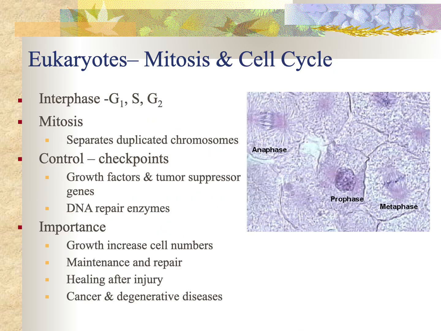So to begin with, let's talk about the eukaryotes, mitosis, and the cell cycle. So in the life cycle of eukaryotes, there's this long interphase period where cells appear to have a nucleus that looks the same throughout, and this is called interphase, but we know different things are happening in different parts of interphase.